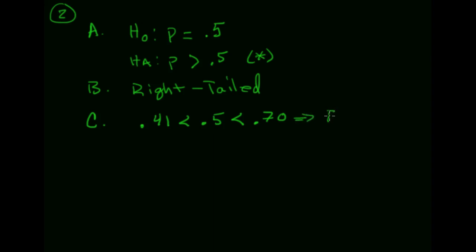Here we fail to reject the null hypothesis, because given that data, the null hypothesis could be true. Now, the null hypothesis is not our claim. So if the null hypothesis can be true, then our claim could be false. Remember, the claim here is represented by the alternate hypothesis.